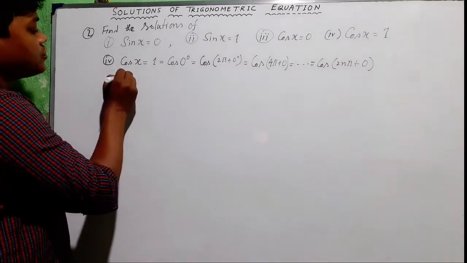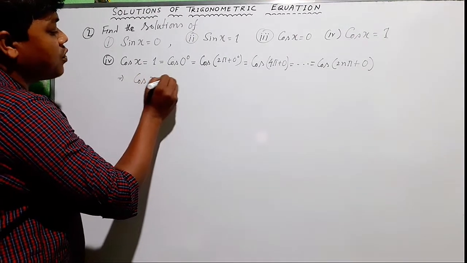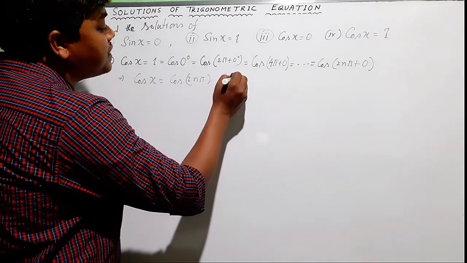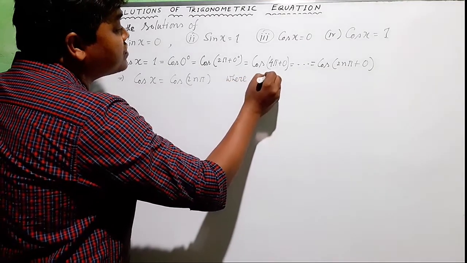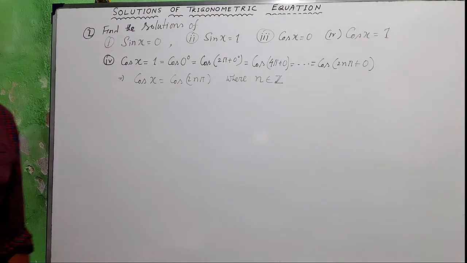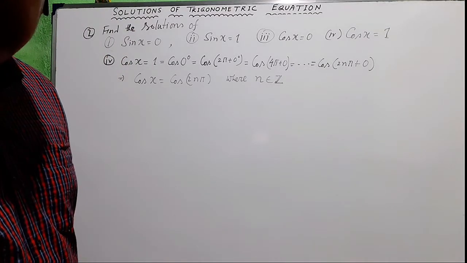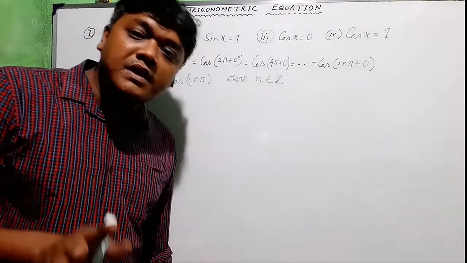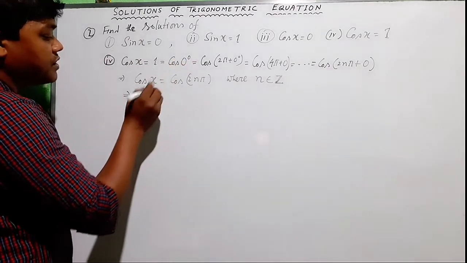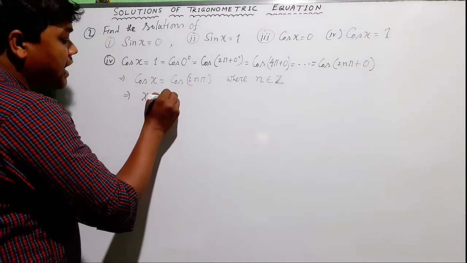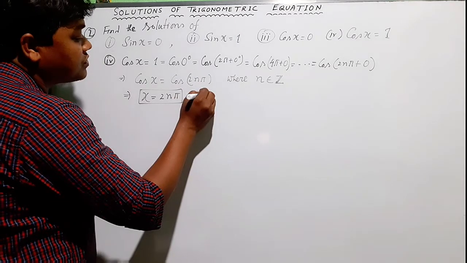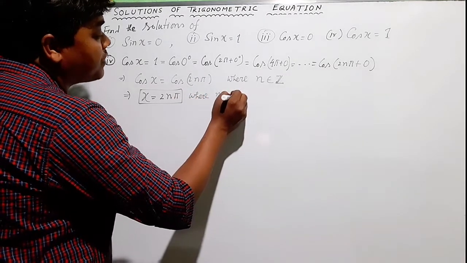So cos x equals 1 means x equals 2n pi, where n belongs to Z, the integer set which contains the elements 0, plus minus 1, plus minus 2, plus minus 3. These are the general solutions of the equation cosine x equals 1.